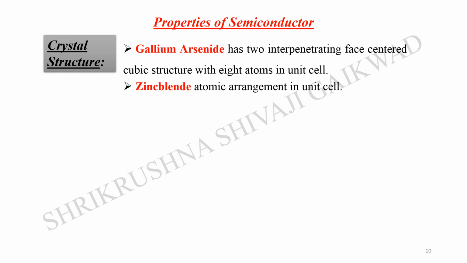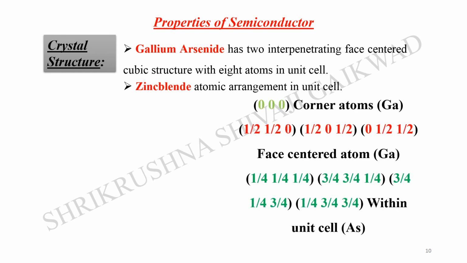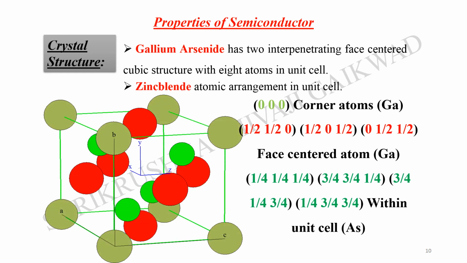Now in the zinc blende atomic arrangement in a unit cell, again there is the first FCC with the usual atomic positions. The gallium atoms are situated at the corners as well as the face centers. Next, within the unit cell there are arsenic atoms, and their positions are given by the interpenetrated FCC shown over here. You can see that different kinds of atoms are there.